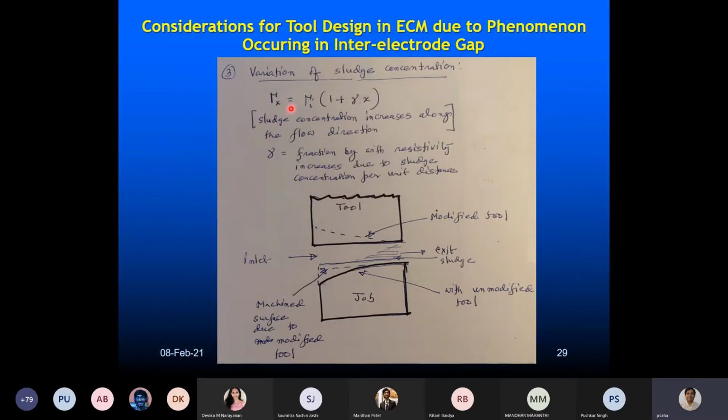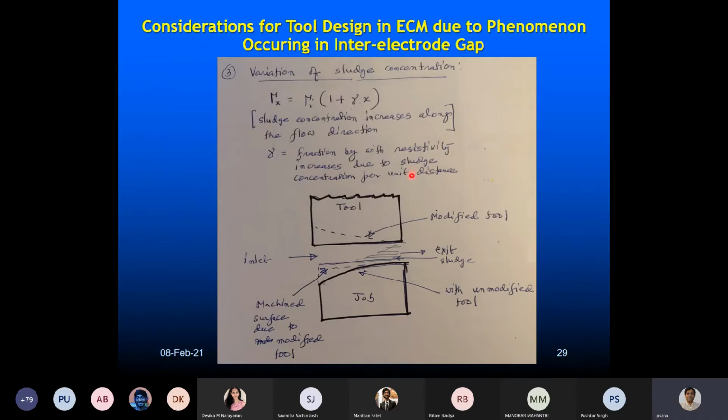Okay, the resistivity of the electrolyte across the gap, say gamma x, will be gamma i, that inlet resistivity, into 1 plus small gamma into x, x is the distance. So sludge concentration increases along the flow direction, and gamma is the fraction by which the resistivity increases due to sludge concentration per unit distance.